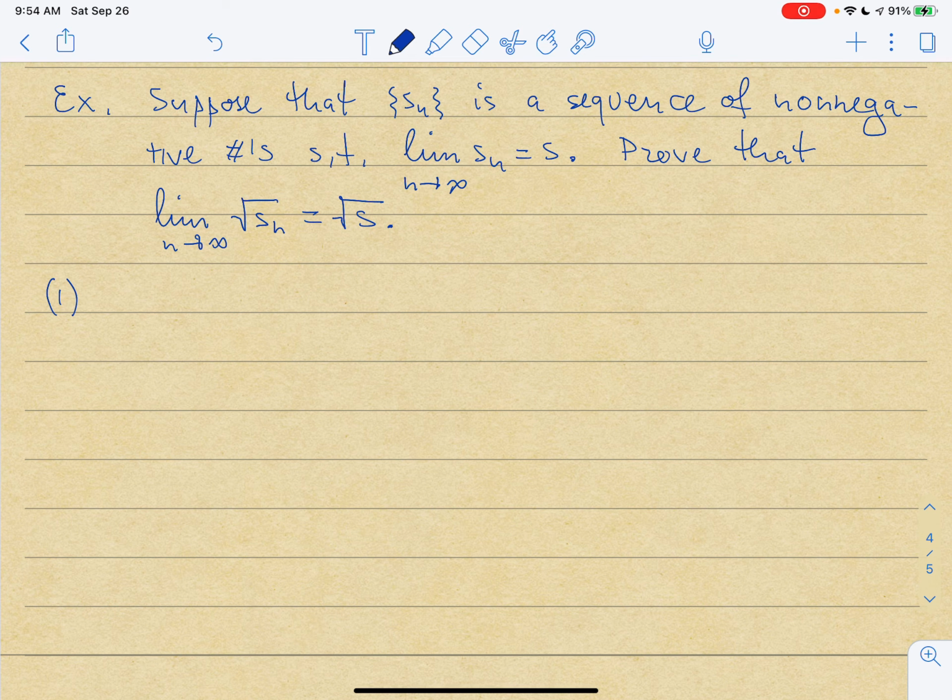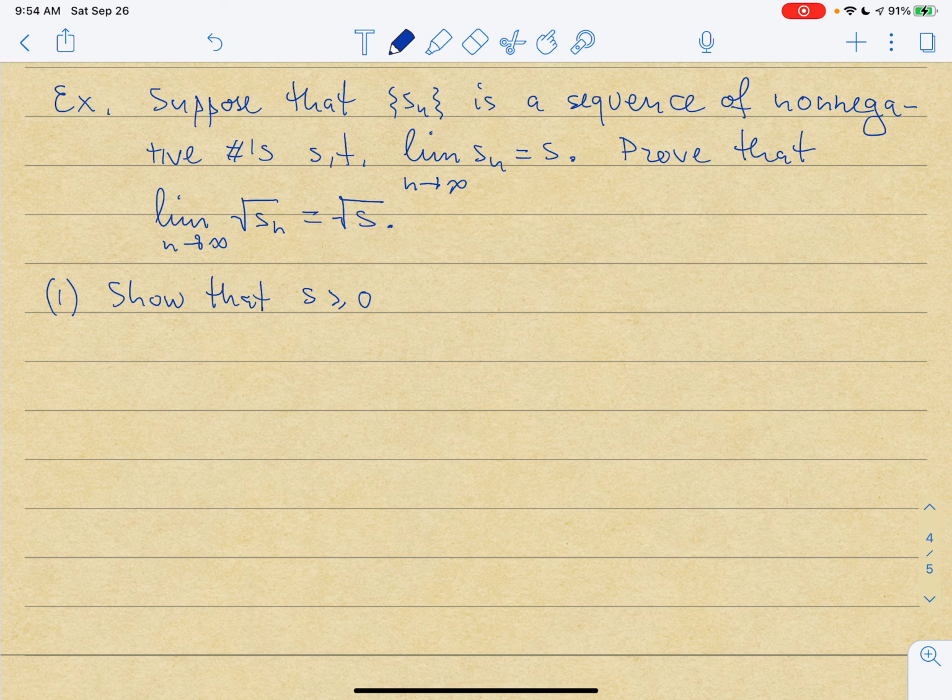Because if it is negative, then what I'm writing here is going to be invalid. Okay, so number one, I want to show that S is greater than or equal to 0.